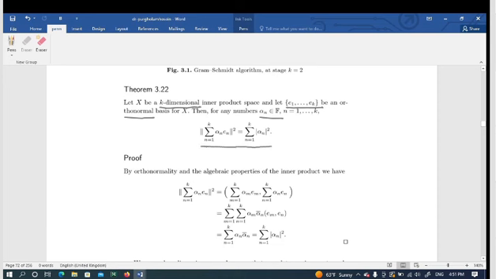The norm of the sum of alpha_n e_n to the power 2 equals the sum of the absolute value of alpha_n to the power 2, because the norm of e_n equals 1. The proof is like this.